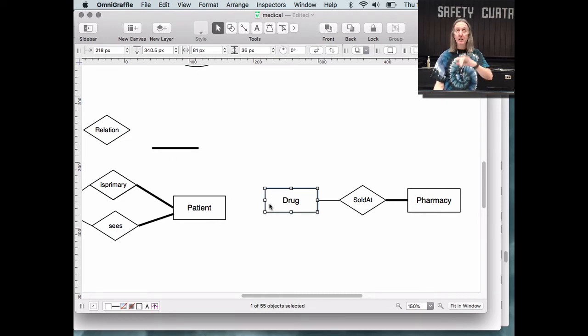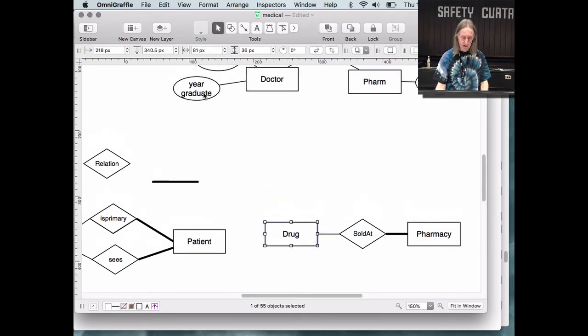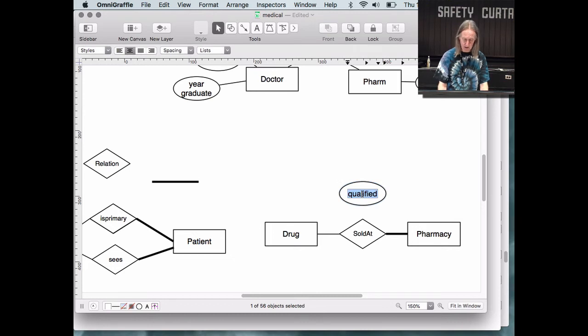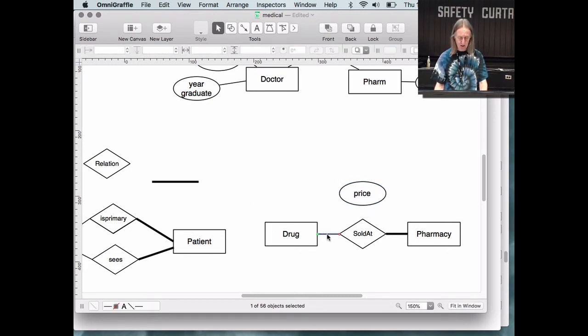The other thing, like that diagram that we had before, there's going to be an attribute associated with that: the price of a drug at a particular pharmacy is an attribute that's going to be associated with the relationship.